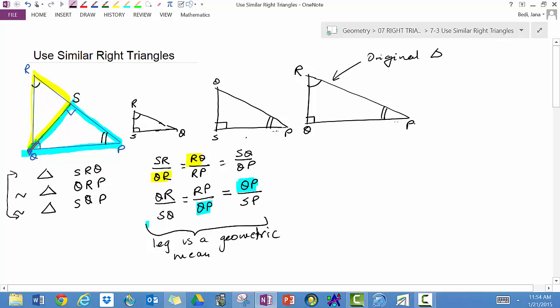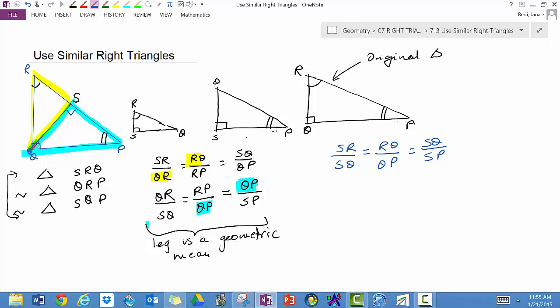So now we're going to look at these two triangles, the top ones, and we're going to write a statement of proportionality, and we'll write it in different colors. SR over SQ equals RQ over QP equals SQ over SP. So let's go hunting again. Do we see a geometric mean? Aha.